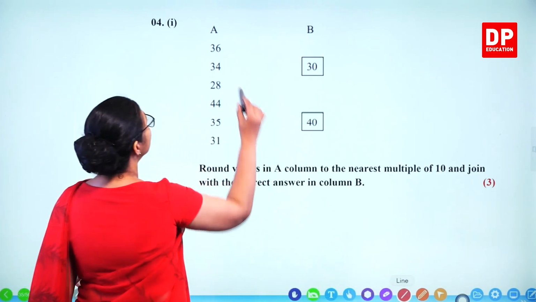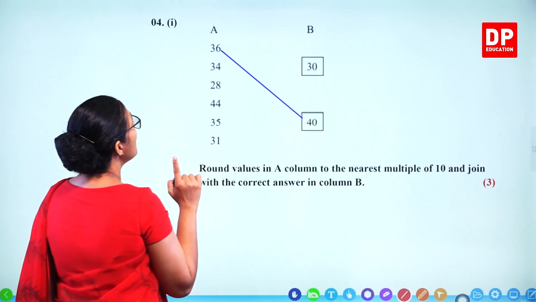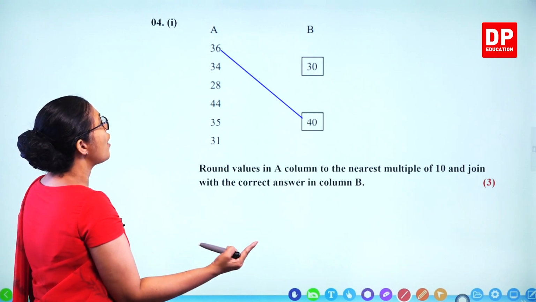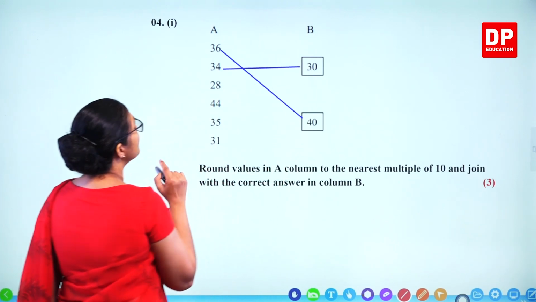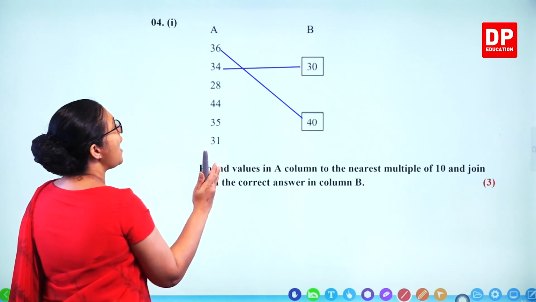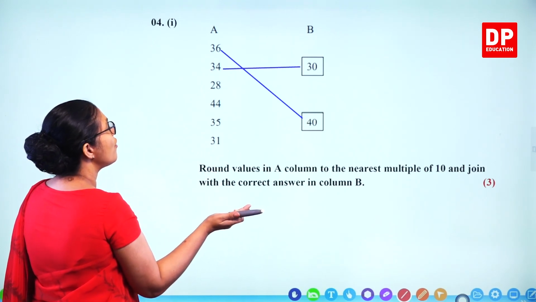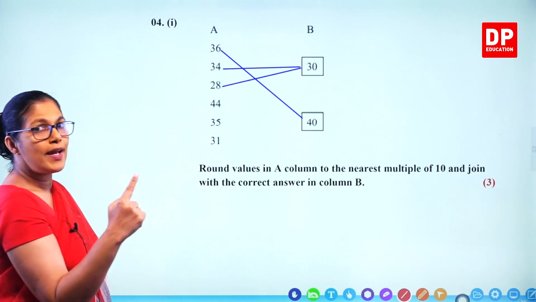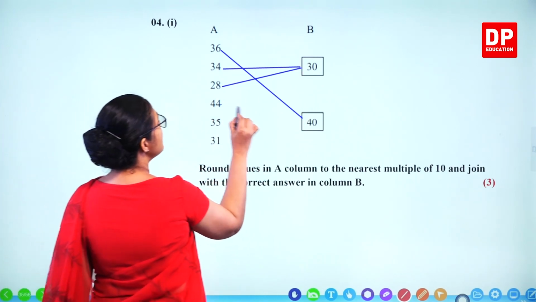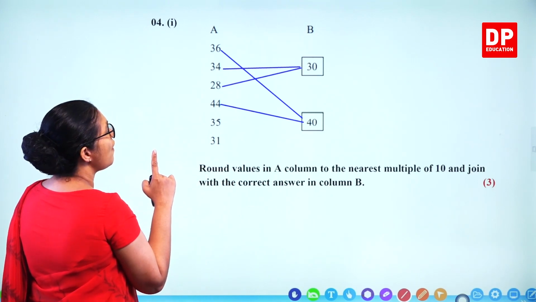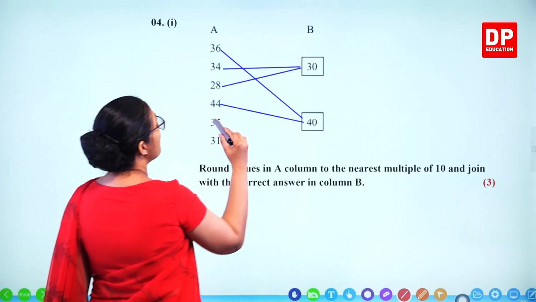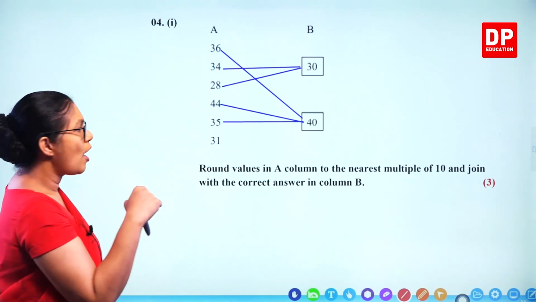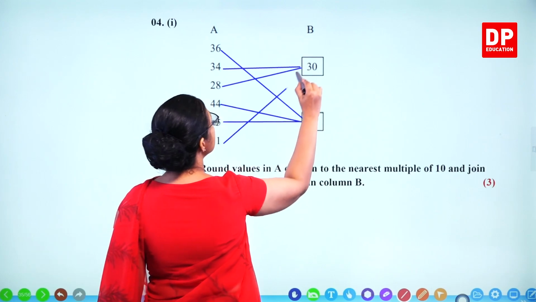That's 40. 34, 4 is the units place number, that's less than 5, you round it down. 30. 28, more than 5, so you round it up. 30. 44, 4 is less than 5, round it down. That's 40. 35, 5 or more, round it up. 35 becomes 40. 31, round down because 1 is there. That's 30.